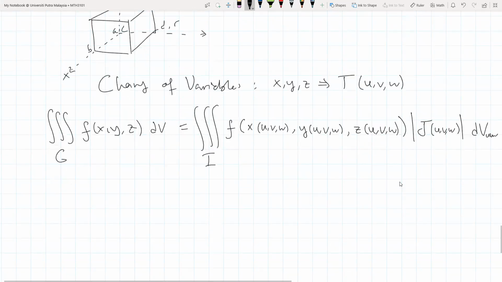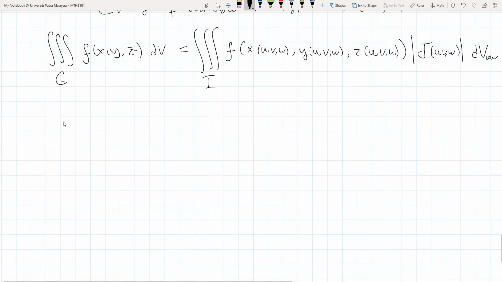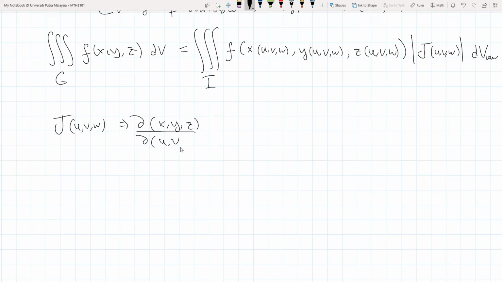So what's the Jacobian of u, v, w? The Jacobian is just the partial derivatives of x, y, and z with respect to u, v, and w. In this case, the first row is partial x partial u, partial x partial v, partial x partial w.